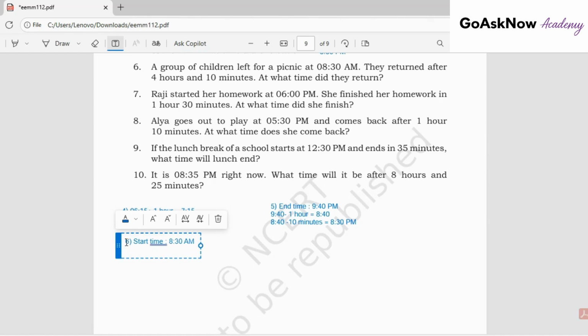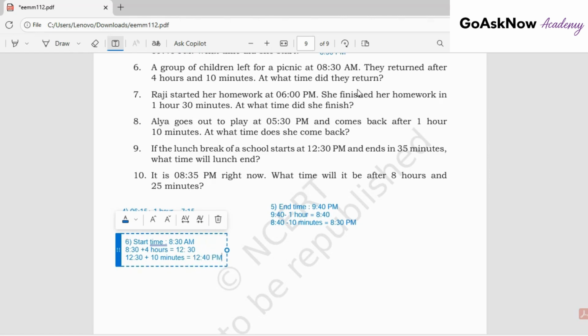First we are adding hours, 8:30 plus 4 hours is equal to 12:30. Next, 12:30 plus 10 minutes is equal to 12:40 p.m.